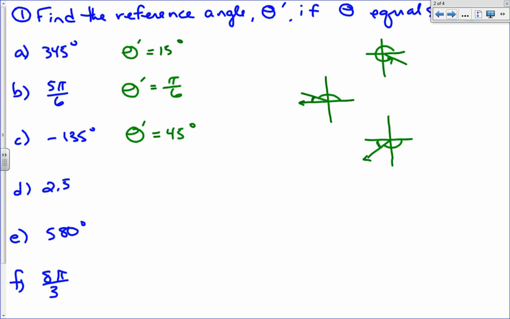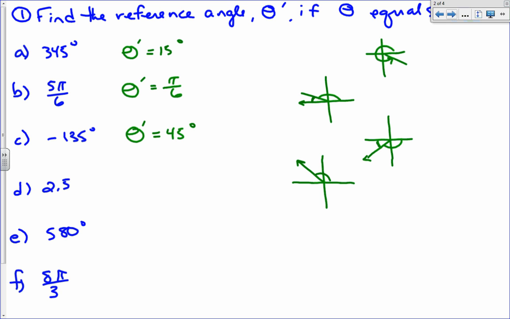2.5. Notice there's not a degree symbol on there, so it does mean radians. So 2.5 radians. Halfway around our rotation is going to be pi, so 3.14. So 2.5 is going to be somewhere in the second quadrant.